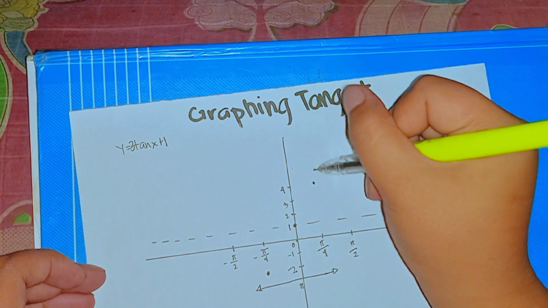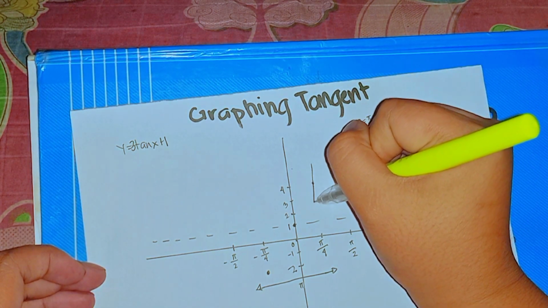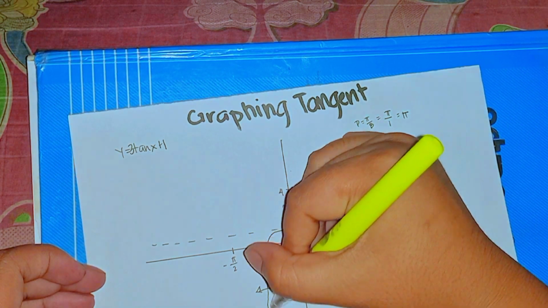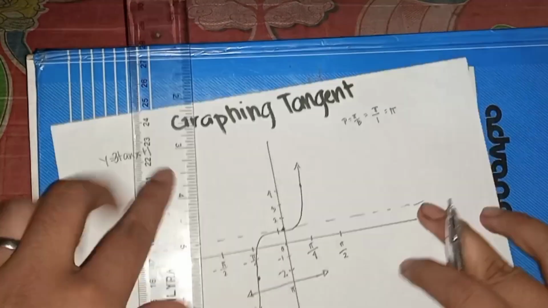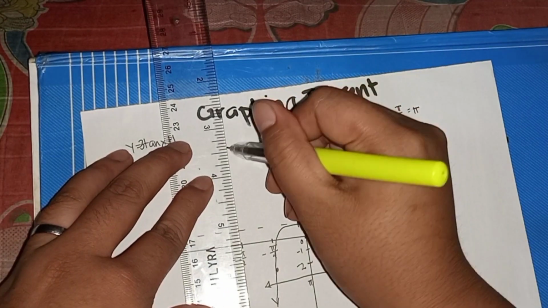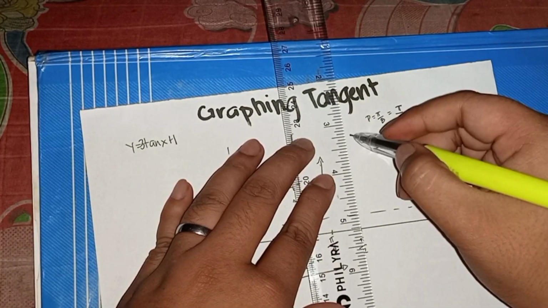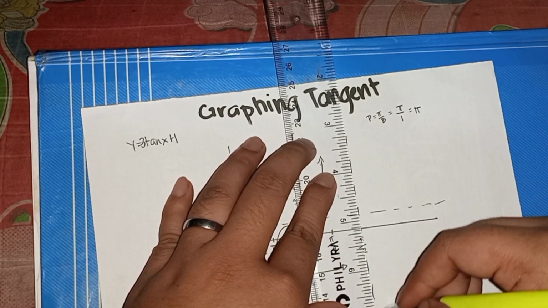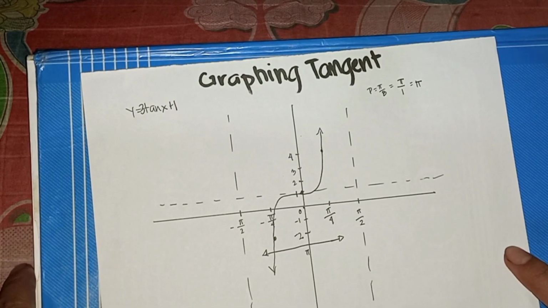The graph of a tangent looks like this. This is the asymptote. So here you go. That's what graphing of a tangent looks like.